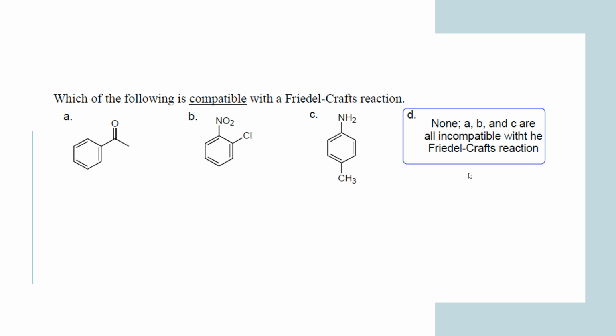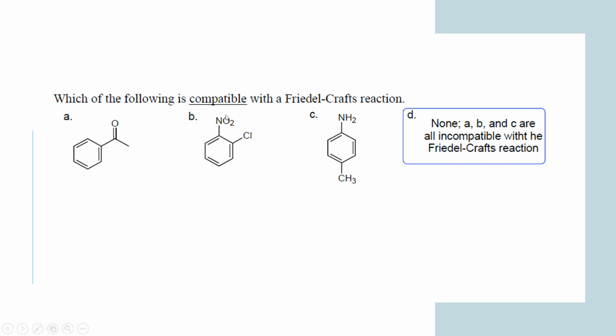Why option D? Because in case of option A and B, you all know that in A we have the deactivating group, since the acyl group is making the benzene ring electron poor, so it will not be compatible. And in case of option B also, both nitro and chlorine are deactivating.